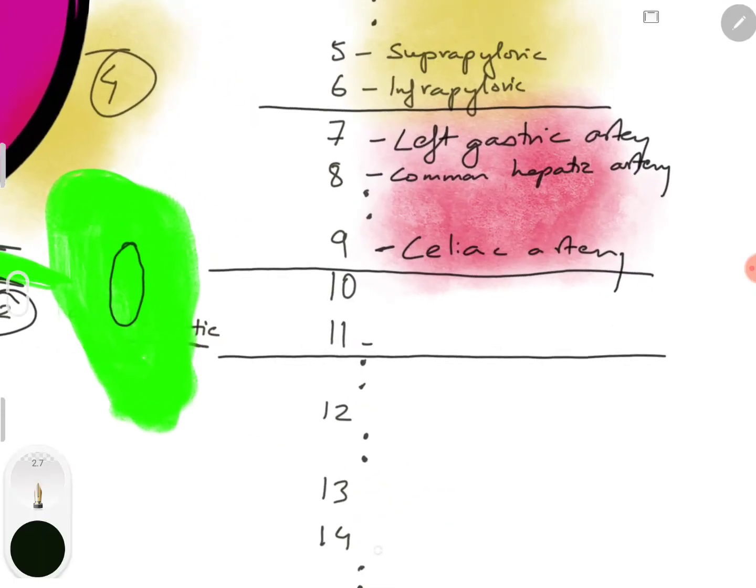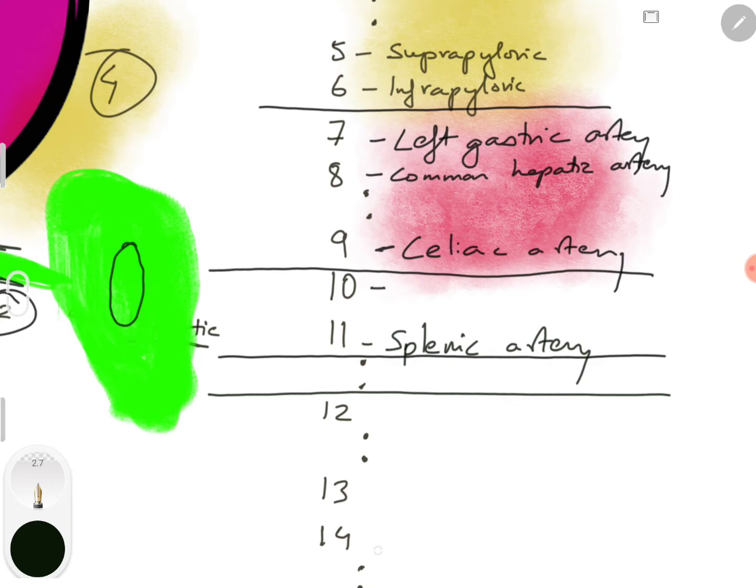So 11 is the splenic artery. I should have drawn this line over here actually. And 10 is splenic hilum. So we have the 0 of the 10, which is oval. Splenic hilum is sort of oval.